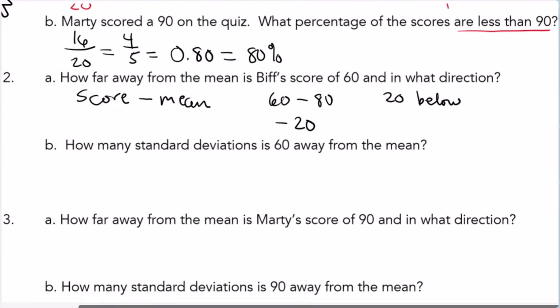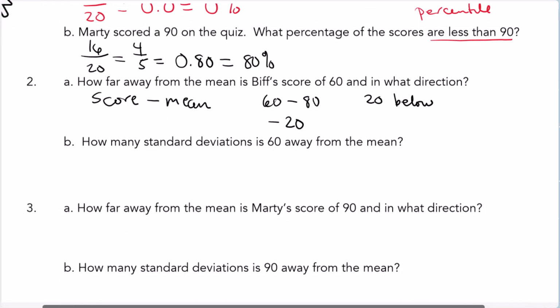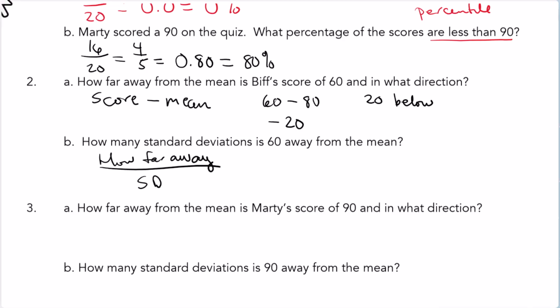We're going to use those two values to calculate how far away he is in standard deviations. So we take how far away, which was the answer we just got, and divide that by the standard deviation, SD. Biff's score was negative 20, and the standard deviation is 10, so if we reduce that, we end up with negative 2, and that gives us a z-score of negative 2.